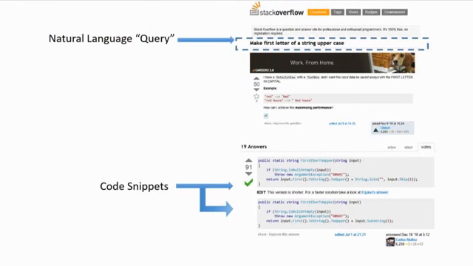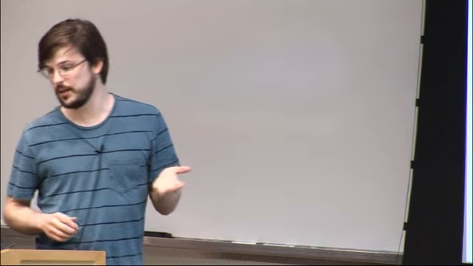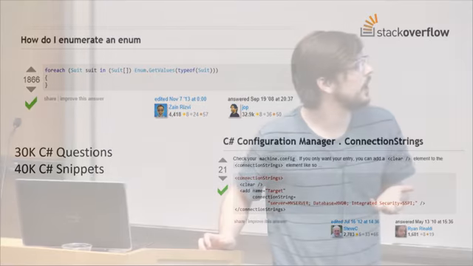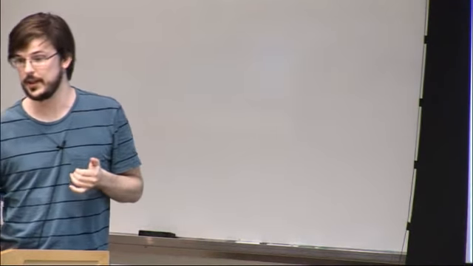The basic idea was we went to Stack Overflow and got a lot of examples of natural language from the titles of Stack Overflow questions, and code snippets from answers. And then we trained one of these models. The data sets we looked at, again, we just used C# code. We have 30,000 questions and 40,000 snippets in the answers.